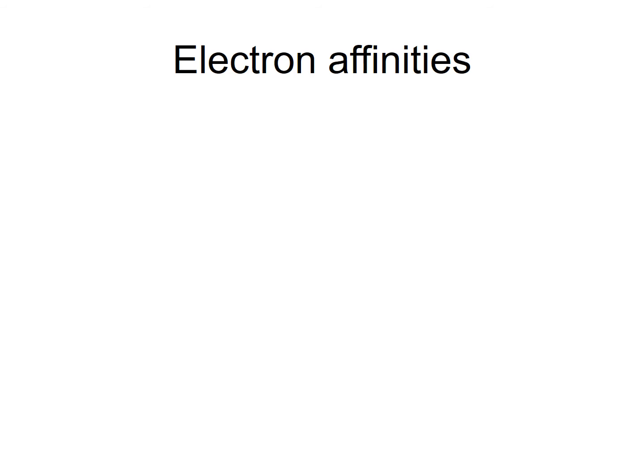There's another property that you can think of as being the opposite of ionization energy, and that's the so-called electron affinities. For electron affinities, we're talking about the propensity of a neutral atom, again in the gas phase, X, to take on an electron instead of giving up an electron. And we want to look at the energy change for this.